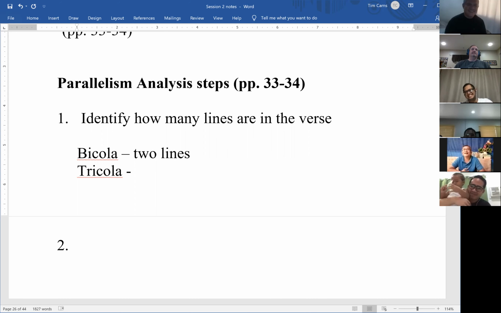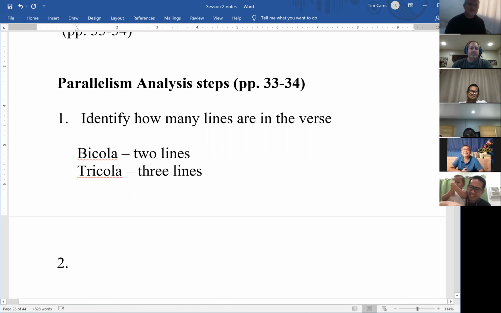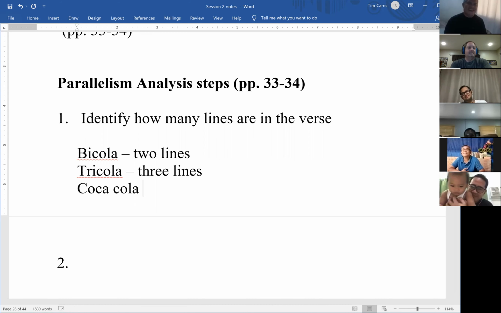What's a verse that's in tricola? Three lines. And then we could have more than that.